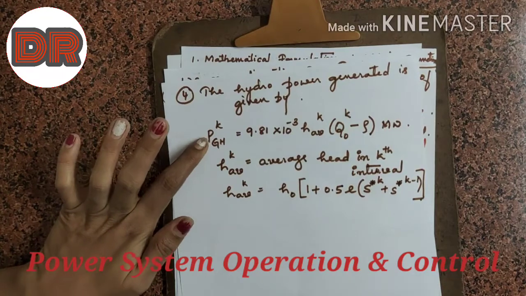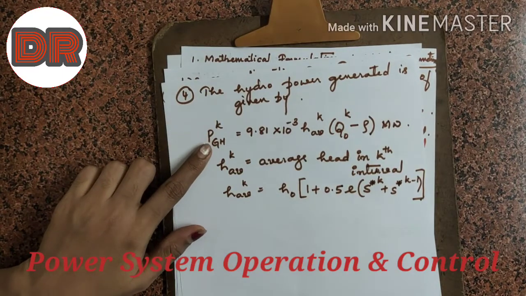So this is the actual equation after discretization for the hydropower generated.